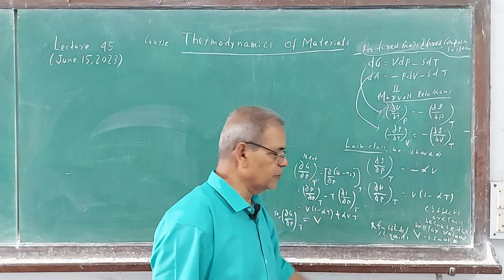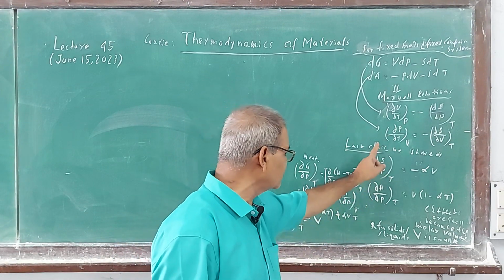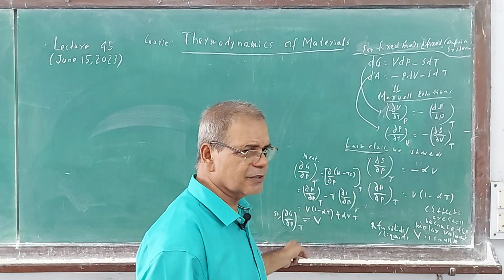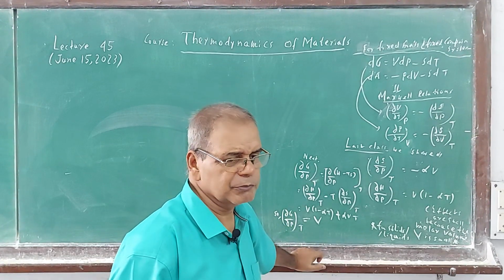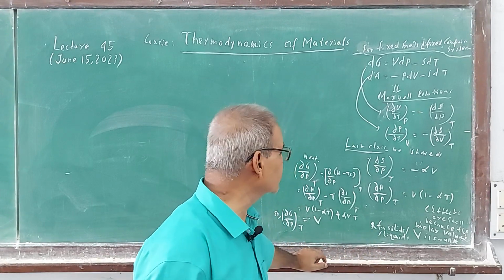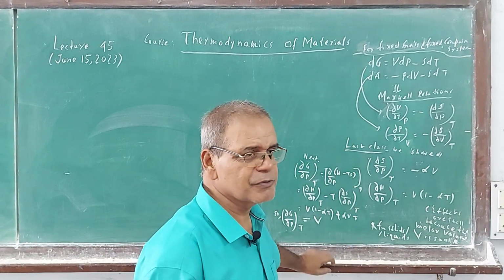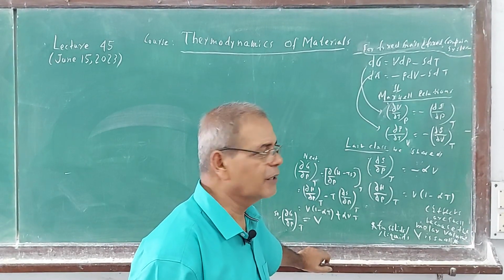Again, for solids, small. Actually, do you have any other source to answer this without doing this? Any other source? The del G del P at constant temperature is volume. So we did this. This is correct. Any other source here on the blackboard? Anyhow, it is written in the first line.